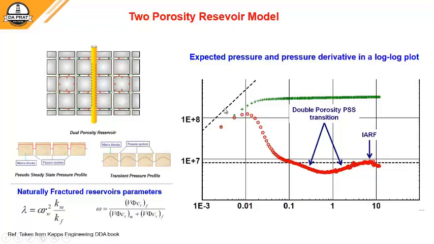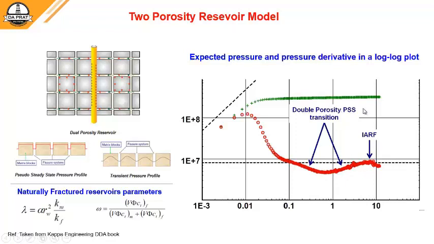After you get out of the influence of the well storage, you're supposed to have some infinite radial flow associated to the fracture system. And then there is a transition. The shape, the trend of this transition, depends on if it is a double porosity pseudo-steady state transition or transient.